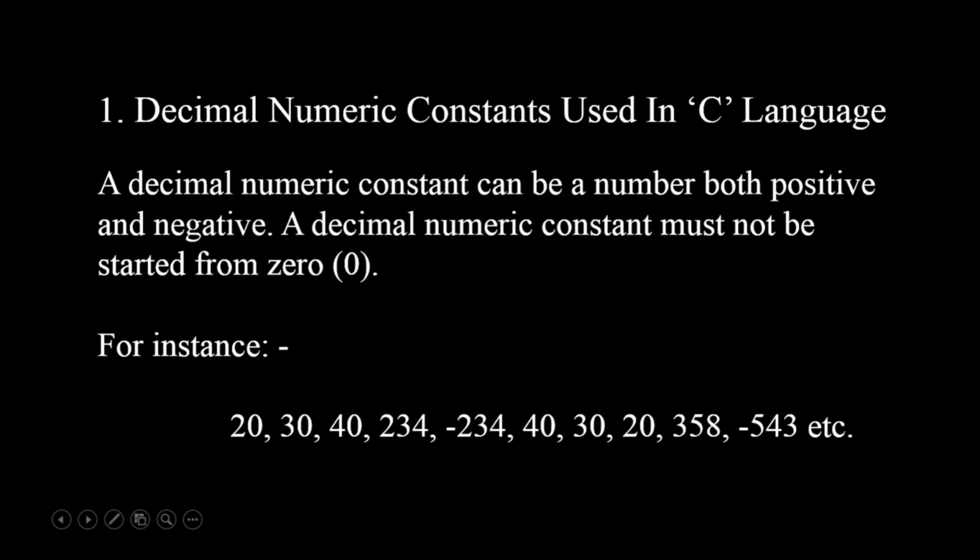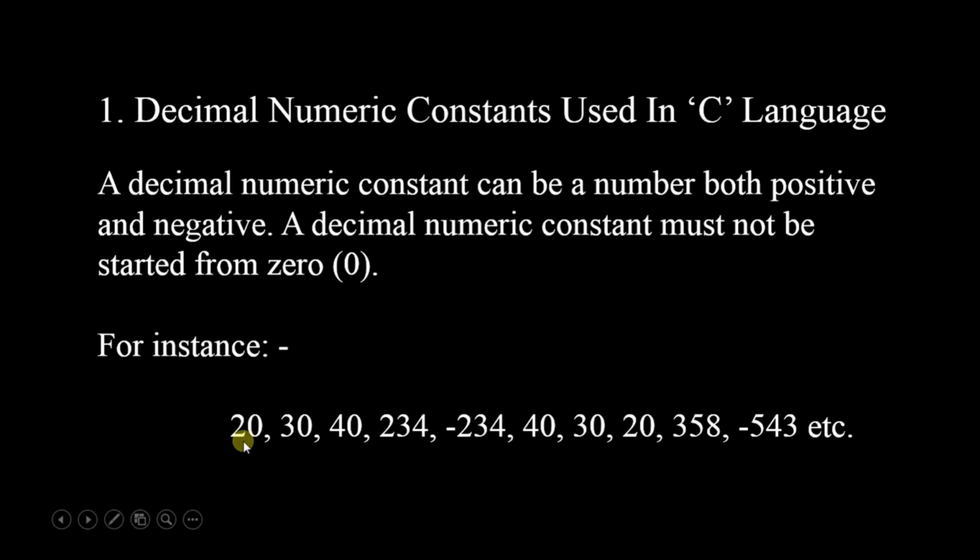In the decimal numeric constant we talked about how a decimal numeric constant can be a number both positive and negative, but the number is not going to start with 0. If this number starts with 0, then it is not a decimal numeric constant. It is now changed into an octal numeric constant.